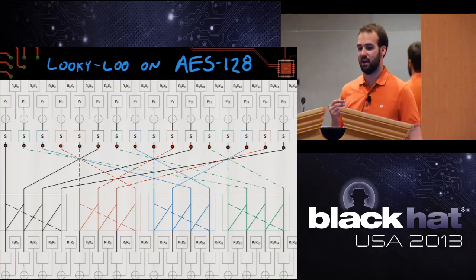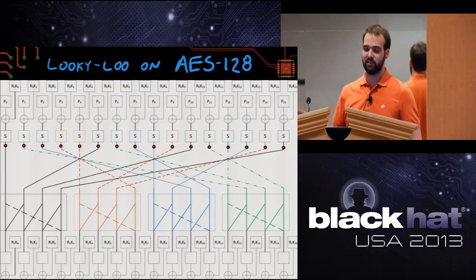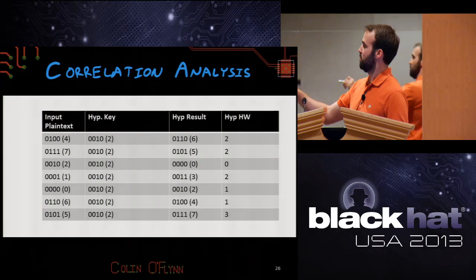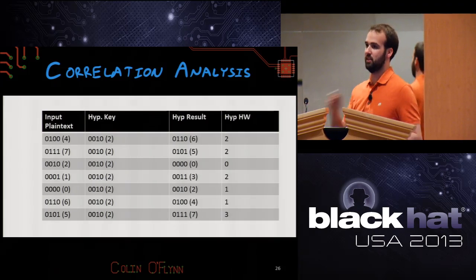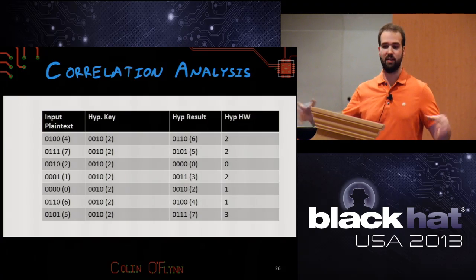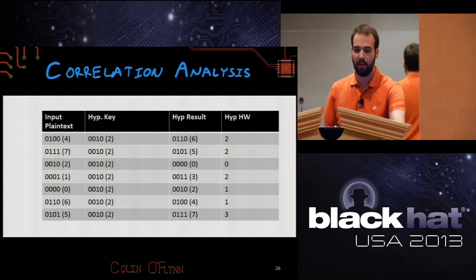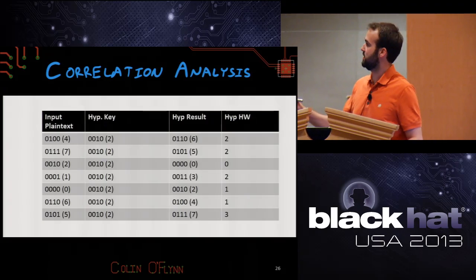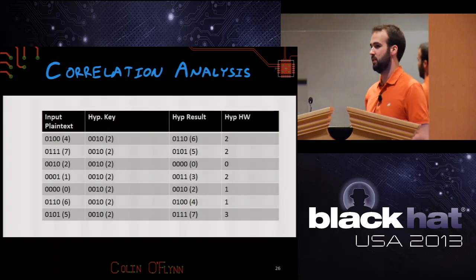And the answer is that you don't care what everything else is, because when you do this correlation analysis, each of these input plaintexts is different to each of the bytes. When I put the data in, I put in 16 random bytes, basically. When you do the correlation, the only thing that will correlate is the plaintext I know I put in and the actual key the system is using.